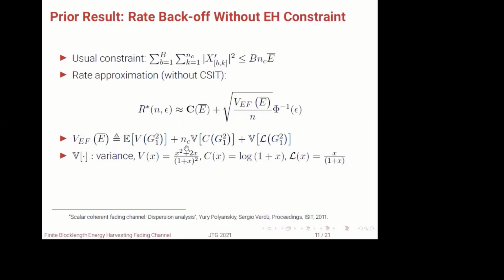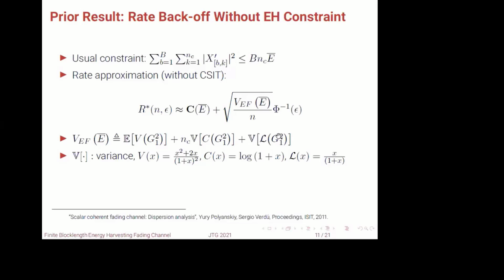As you can see, there are three parts to it. The first part is the average of the dispersion of an AWGN channel with gain G1 square. The second part is the variance of the instantaneous capacity. This comes up because of the random gains in the fading channel.